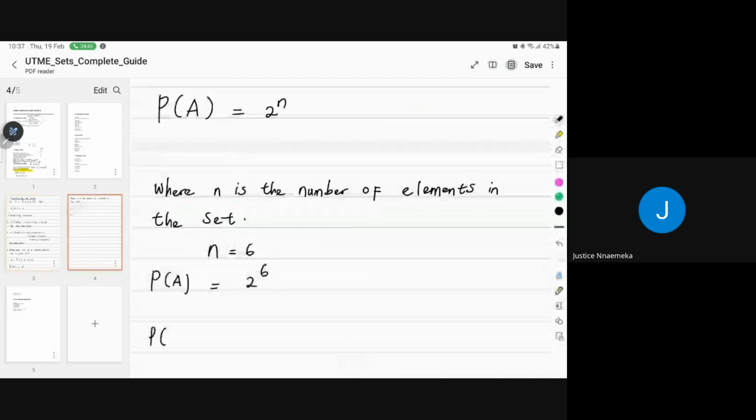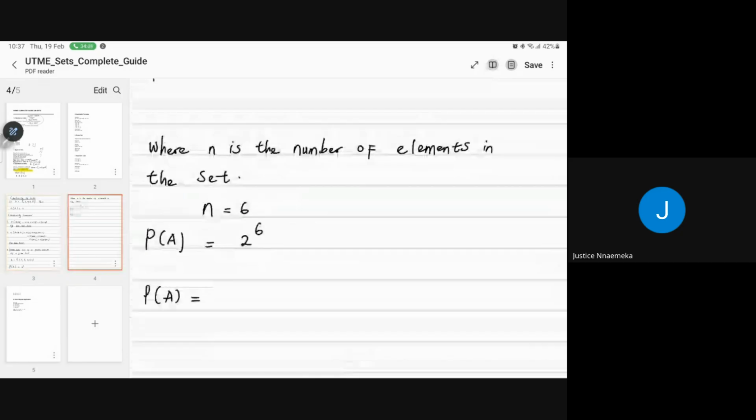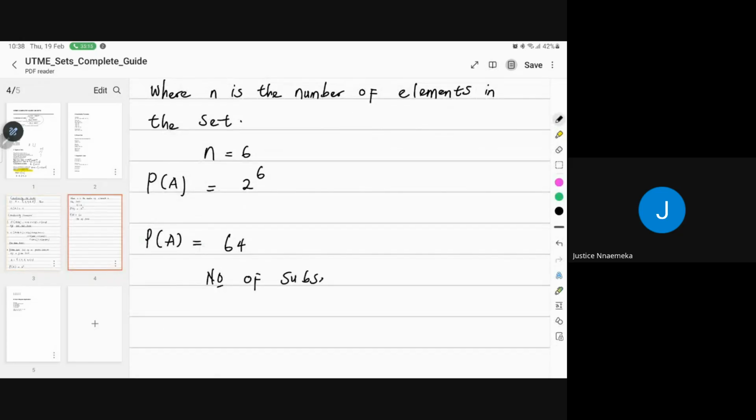So 2 raised to the power 6 is what? I know 2 raised to the power 4 is 16. 16 times 2 is 32. 32 times 2 should give us 64. So 64. Good. That means the number of subsets that can come from that very set will be equal to 64.